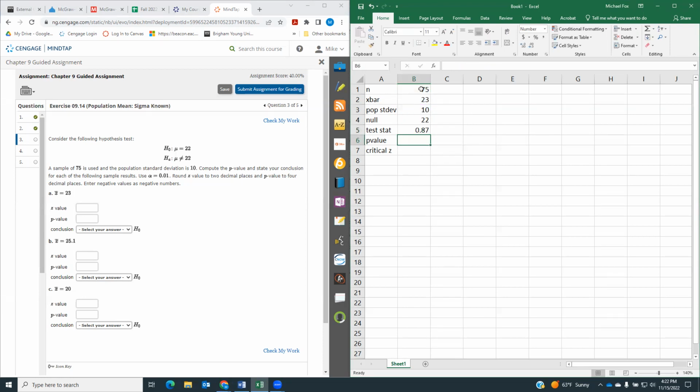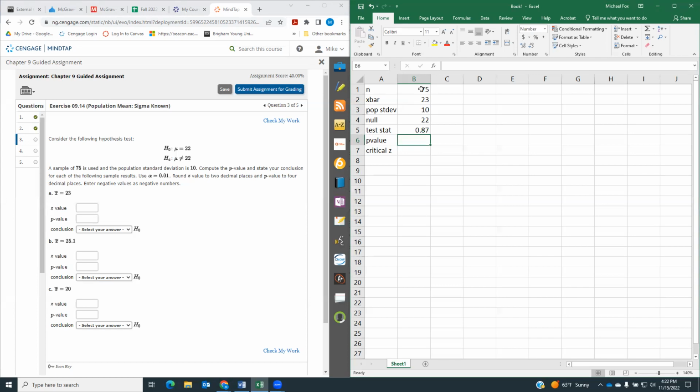So in this case, we get a test statistic of 0.87. That means that this X bar, this sample mean, 23, is 0.87 standard deviations above the mean, okay?